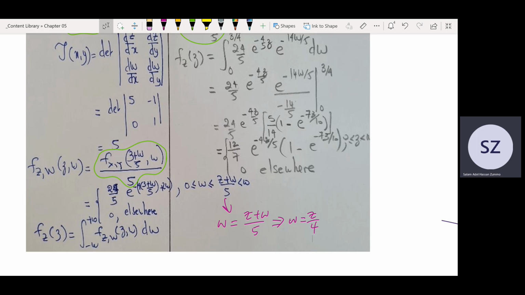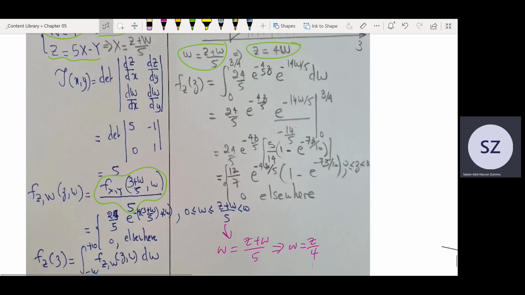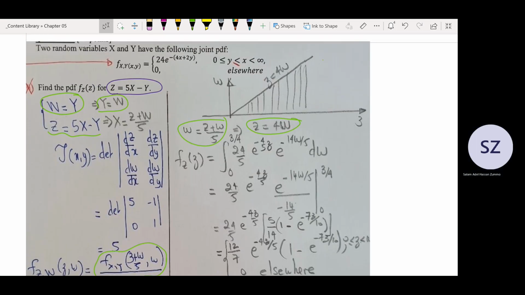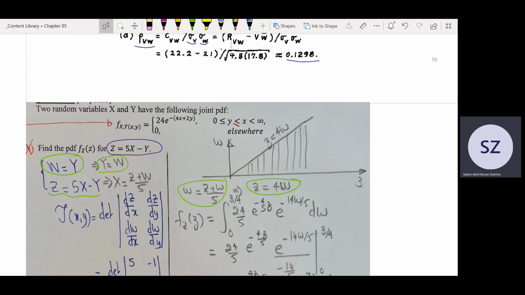You integrate the PDF. So the PDF for W goes from where to where? From 0 to this value of W. Where did we get this from? This is the value of X. Basically the PDF goes from 0 less than W less than Y less than X. This is the value of X in this function.